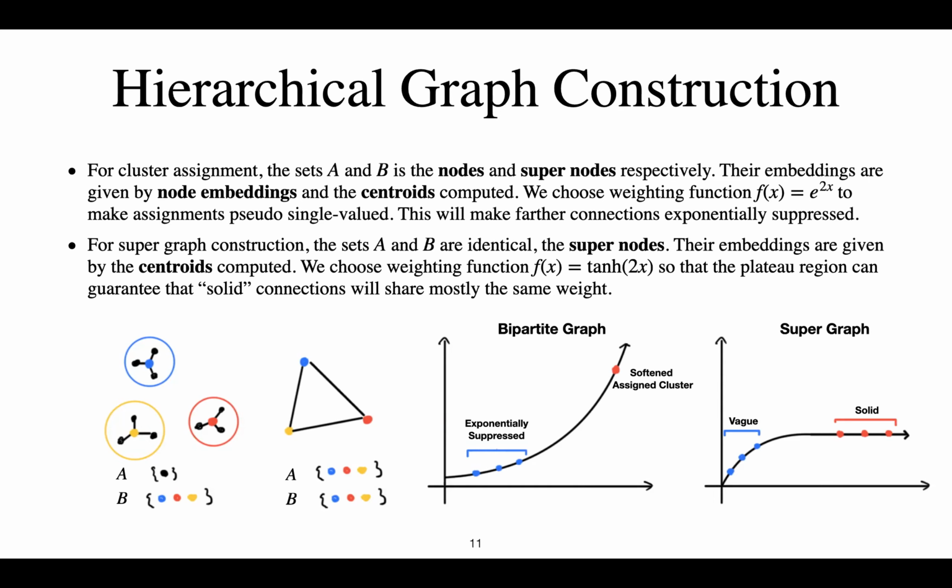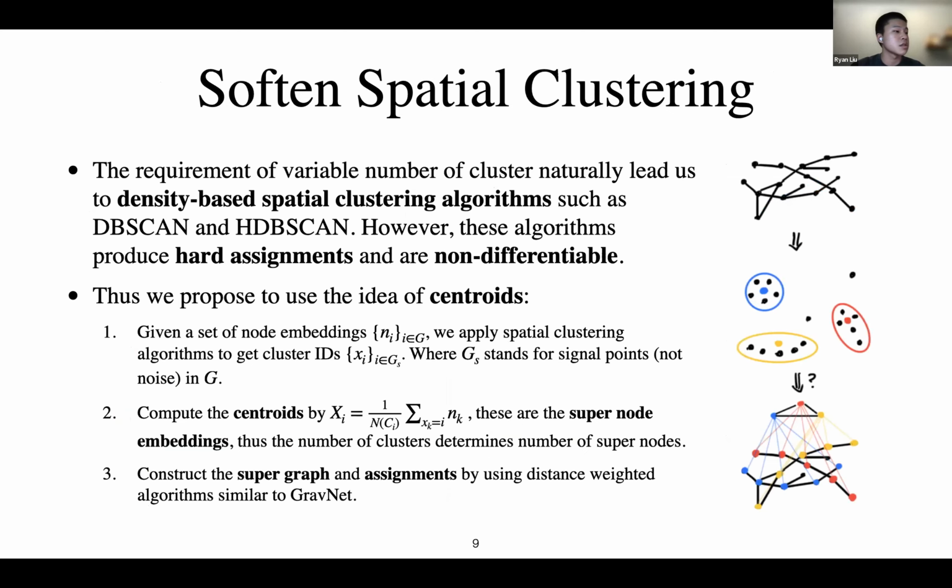Okay, so that means that because the bottom is a bipartite network, the hits are not interconnected, but hits only connect to the top level, and then the top level forms a supergraph. Let me go back to this plot.